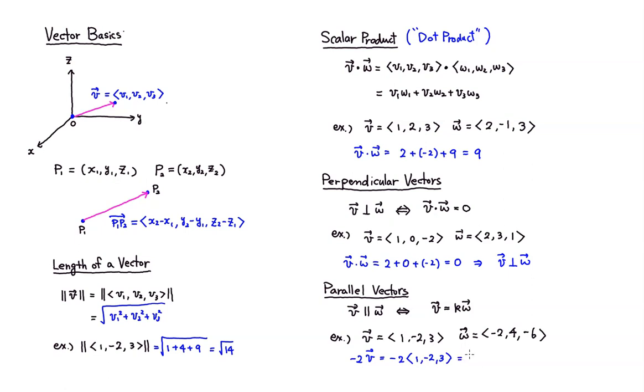Negative 2 times 1 is negative 2, negative 2 times negative 2 is positive 4, and negative 2 times 3 is negative 6. This is exactly the same thing as vector w, which means v and w are parallel to each other.